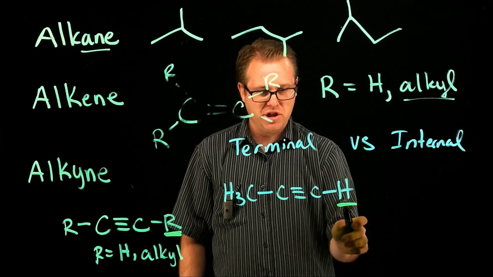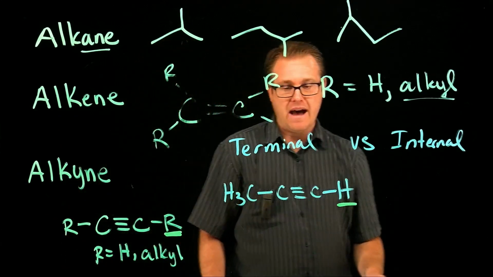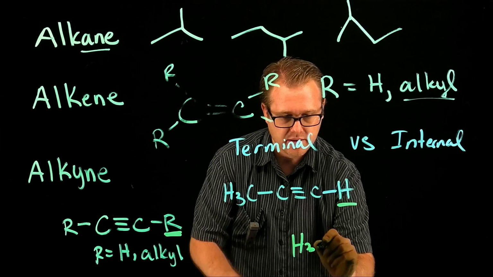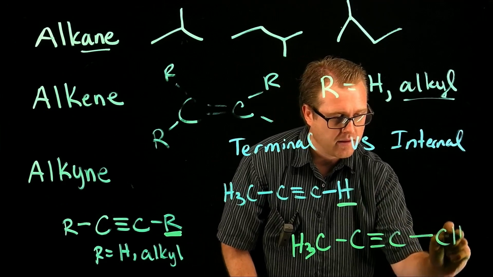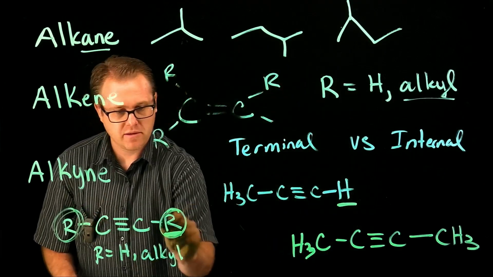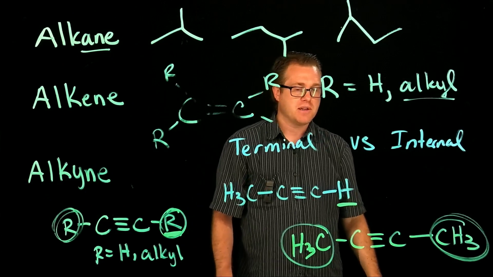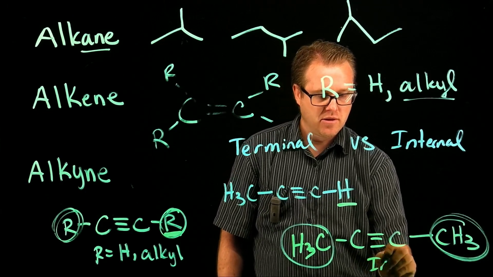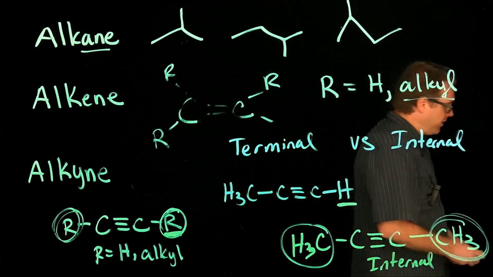When you have a hydrogen for one of these R's, you have a terminal alkyne. An internal alkyne looks like this. 3 carbon, like that. So when both R groups, and this is the R group, and that's the R group, when both of the R groups are alkyl, carbon, then we call that an internal alkyne. Okay, that's where we will stop for today.